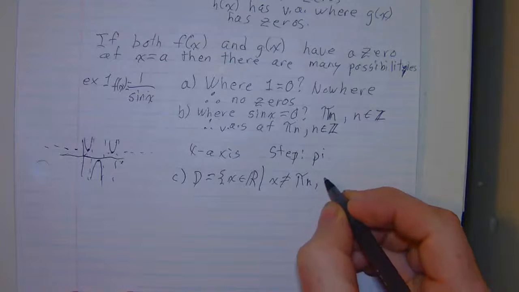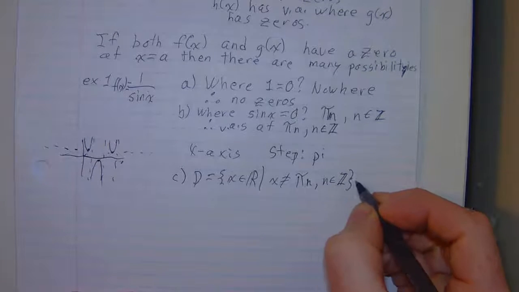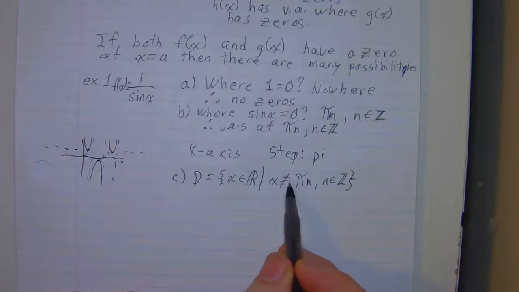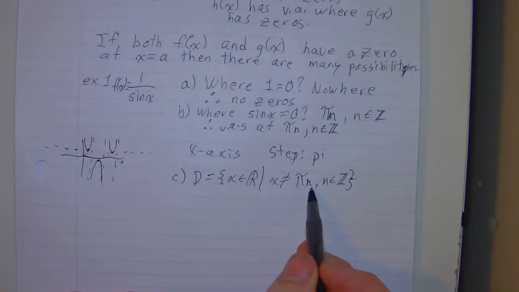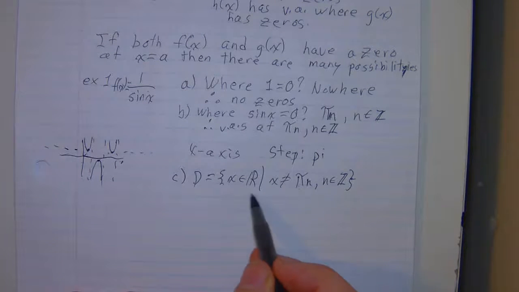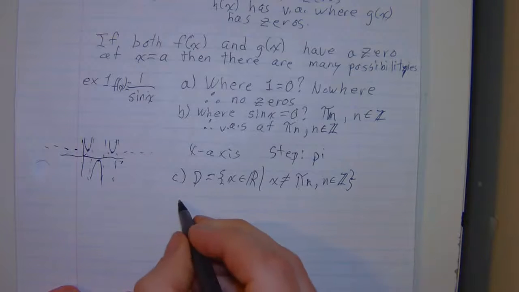So pi n for n belonging to the integers. So we're going to eliminate all of these vertical asymptote things: pi, 2 times pi, 8 times pi, a billion times pi, -33 times pi, all the integer multiples of pi. We're going to eliminate them from the domain because that's where we have vertical asymptotes.